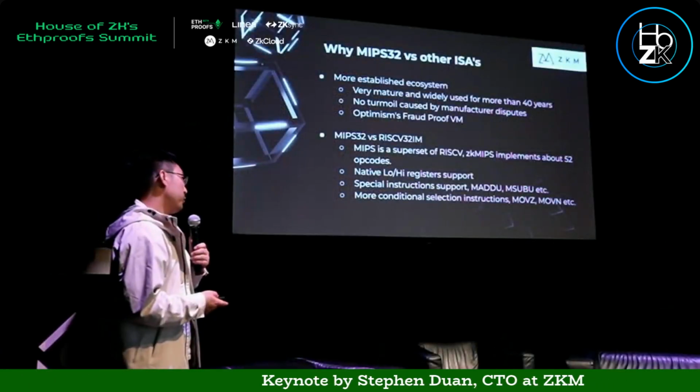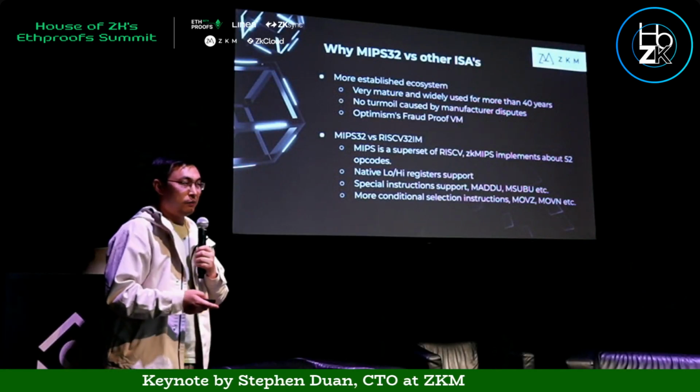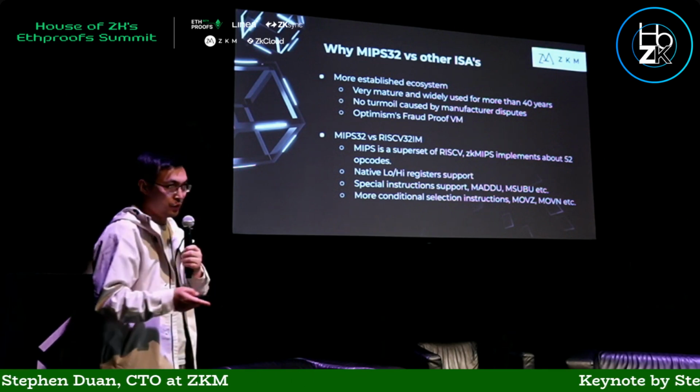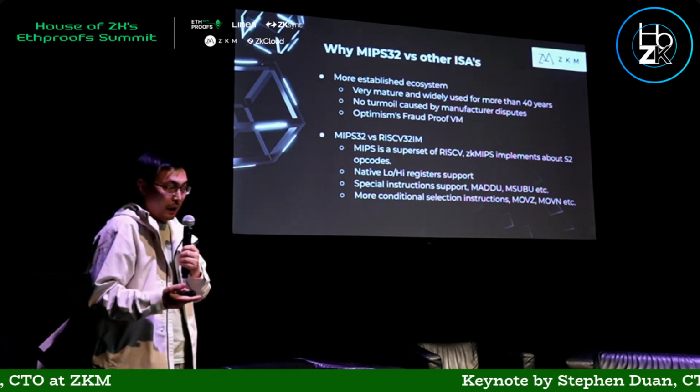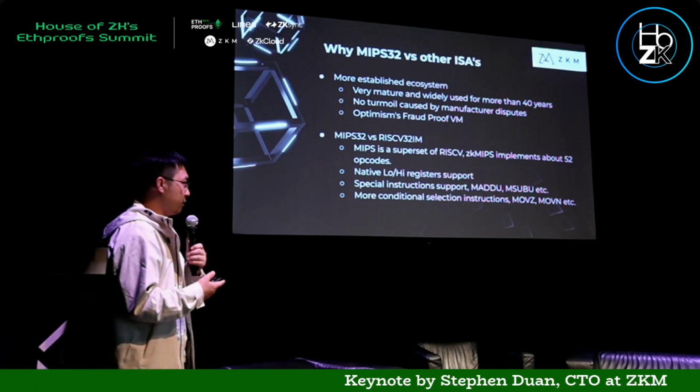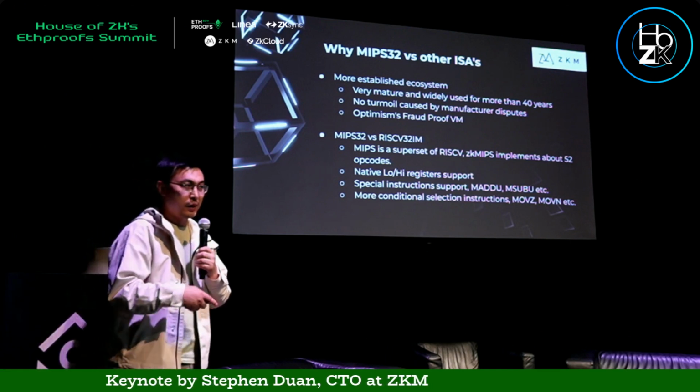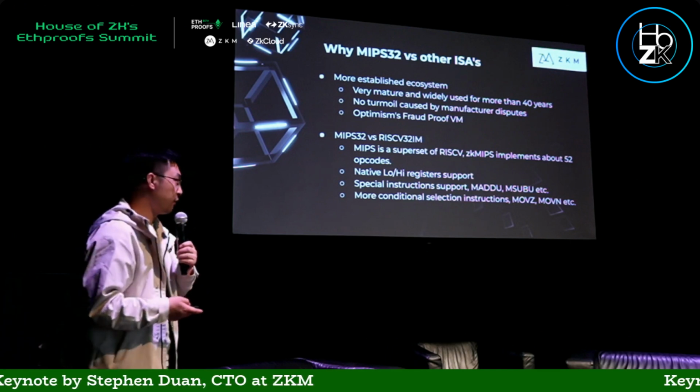Let's look closer at the instruction set itself. MIPS is basically a superset of RISC-V. For MIPS32 there are more than 52 instruction opcodes, but we only implement about 52 because it's enough for an efficient zk virtual machine.